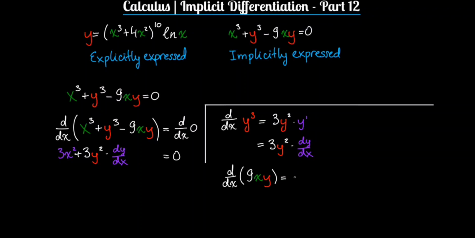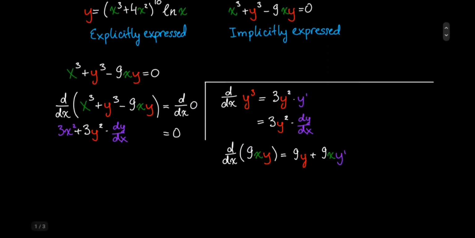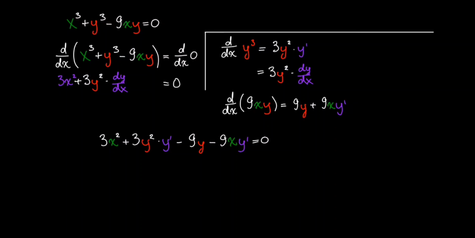So, by the product rule, first we have 9 times y, where 9 is the derivative of 9x, and then we add this with our original 9x times the y derivative. So now that we have all of these terms differentiated separately, we can put it all together into one. This right here is the full expression for our derivative.